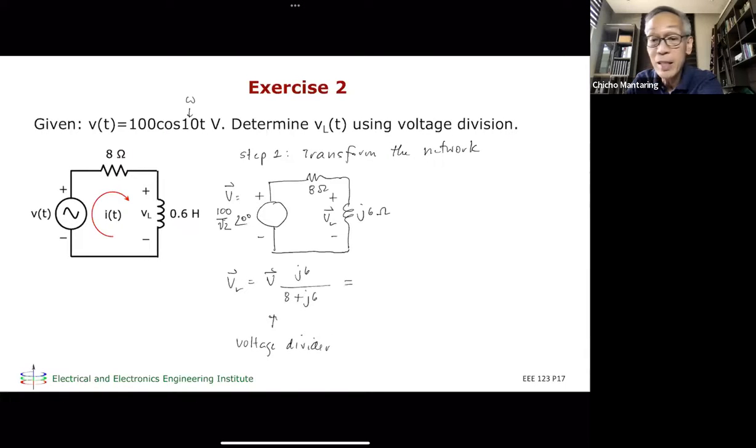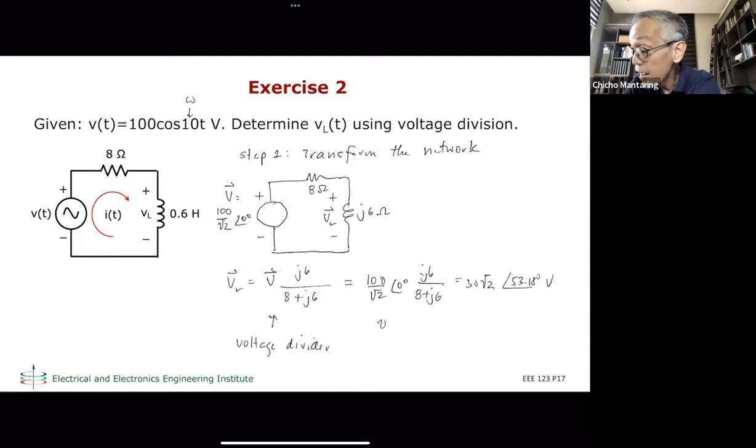Okay, and if I do this, V is 100 over the square root of 2 at an angle 0 degrees. And then this is j6 over 8 plus j6. I'm just going to get 30 over the square root of 2 at an angle 53.13 degrees. This is going to be in volts.